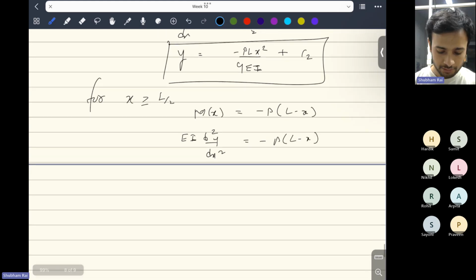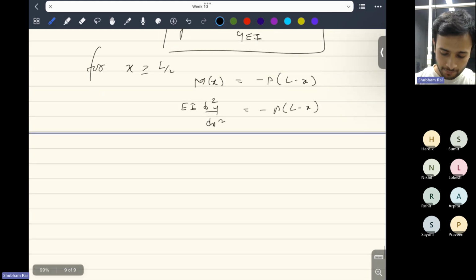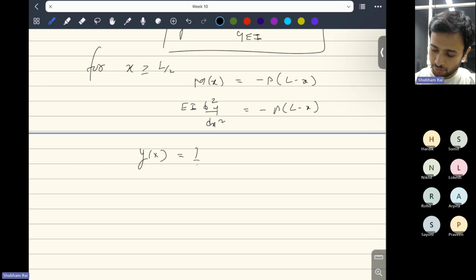Now, if you integrate this equation twice, I'm just writing the final expression. You will get 1 over EI times minus of PL x square by 2 plus Px cube by 6. Please do it with your own hands.